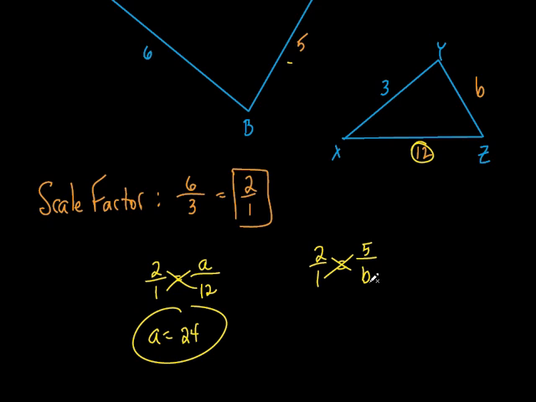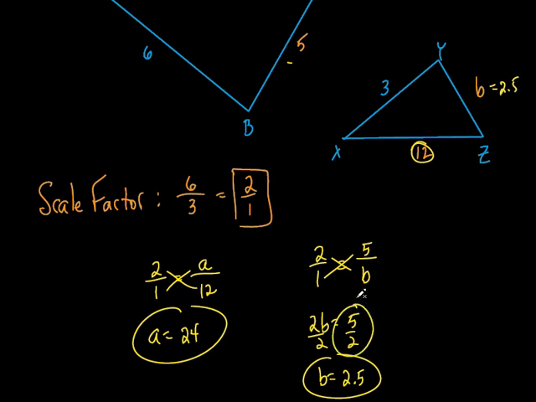I always like to do the letters first. So B times 2, or 2 times B, is 2B, equals 5 times 1, which is 5. Divide both sides by 2, and B is 5 over 2, or 2.5. And that's what that would equal. 5 over 2 would be perfectly fine. I'd be happy with that. Either one, it's the same thing.